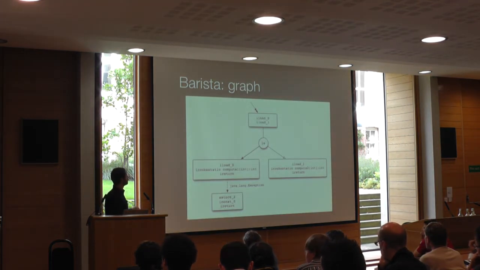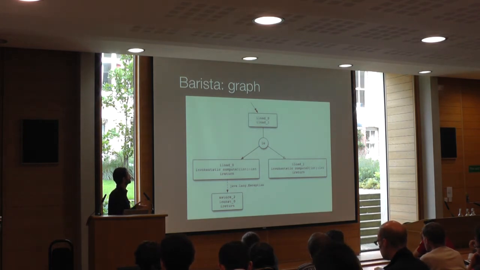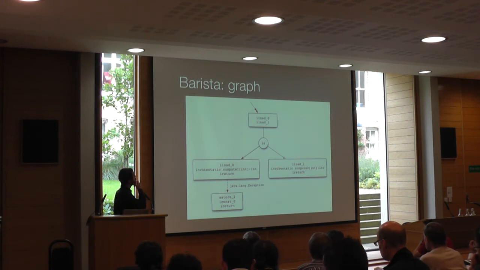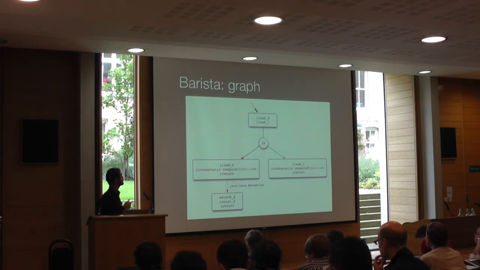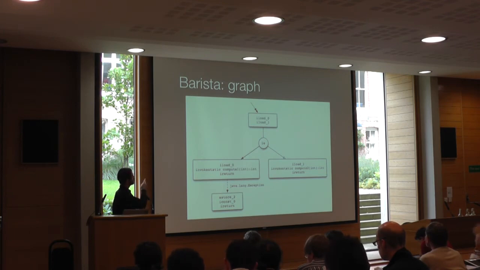So here is a very small example of a method that basically loads two integer values in the top node, and then the edge underneath is labeled with a condition, here lower or equal, and it chooses one of two blocks to execute.